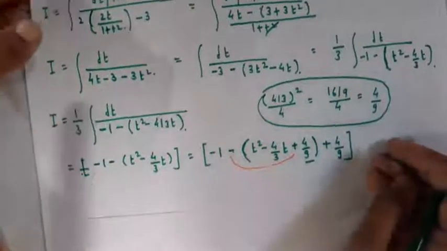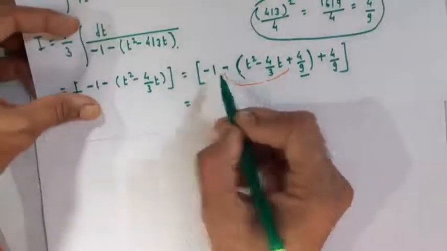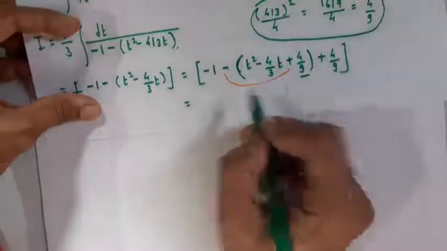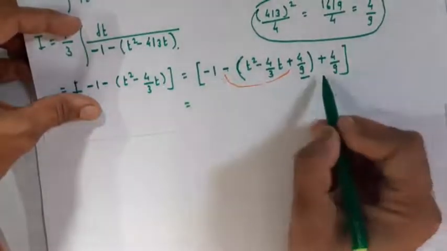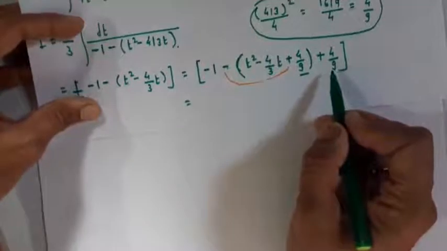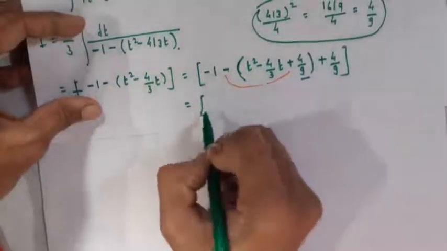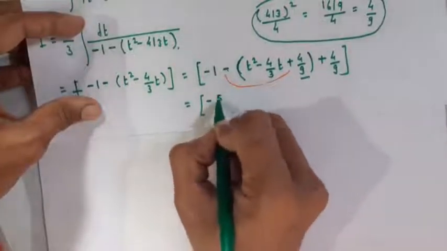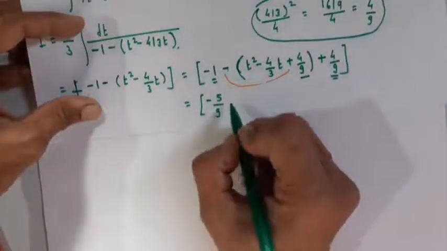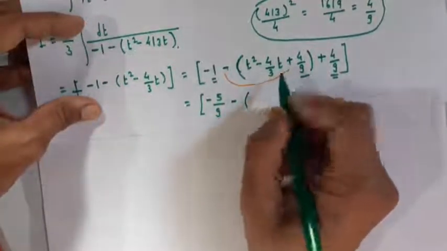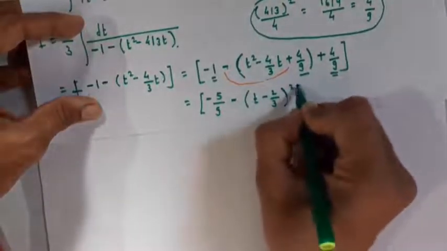And now according to this, take down the calculations. Minus 1 plus 4 by 9, and that is minus 5 by 9. The calculation of this term and this term, that is minus 5 by 9, and this is minus the complete square of t minus 2 by 3 whole square.